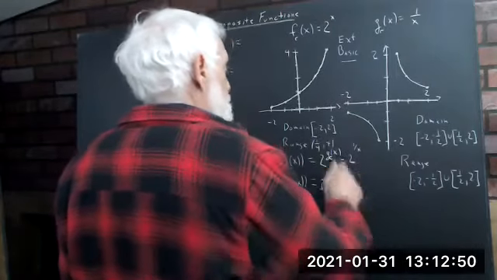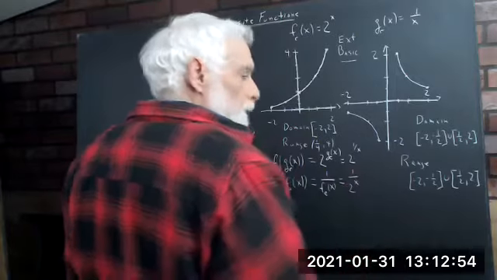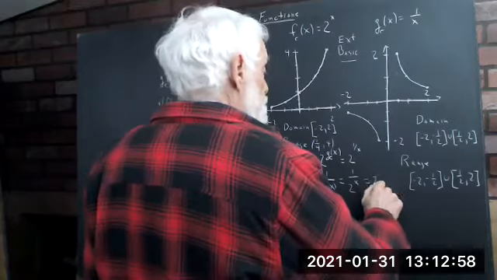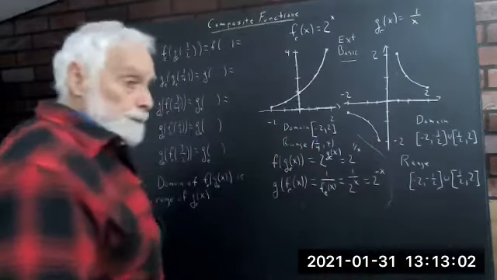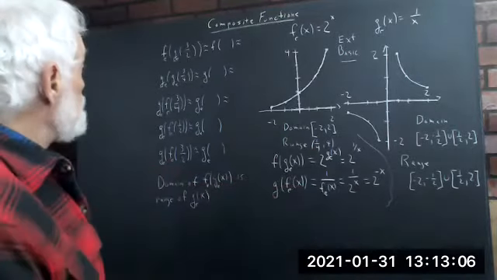And of course, f sub e of x is 2 to the x, so that's 1 over 2 to the x. Of course, this could also be written as 2 to the negative x if you wanted. Okay, this is fine.